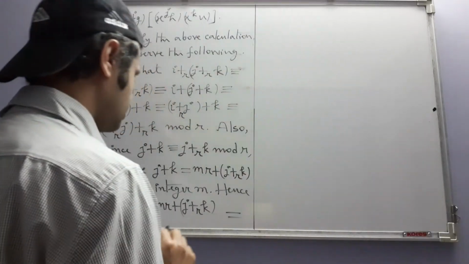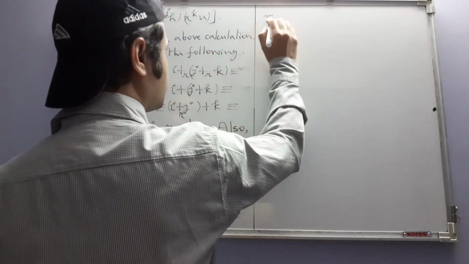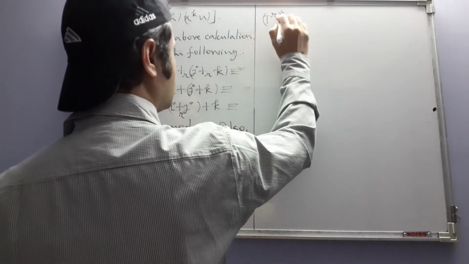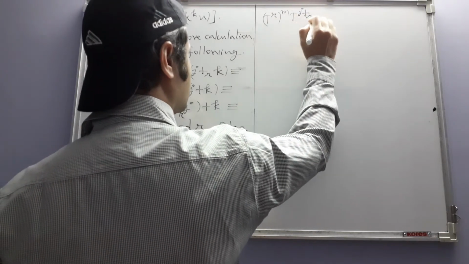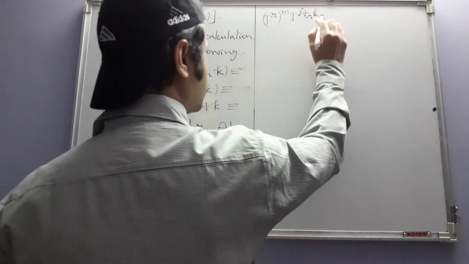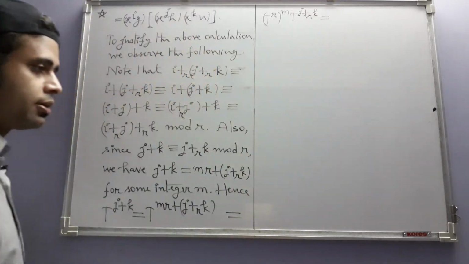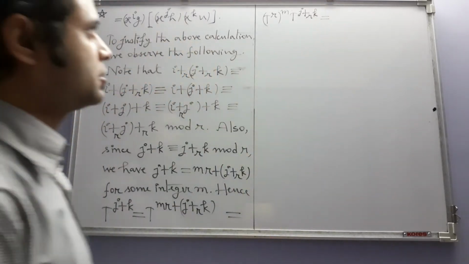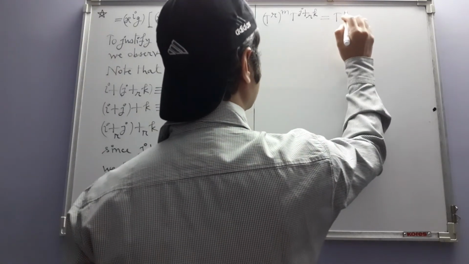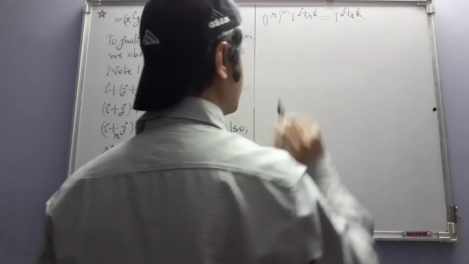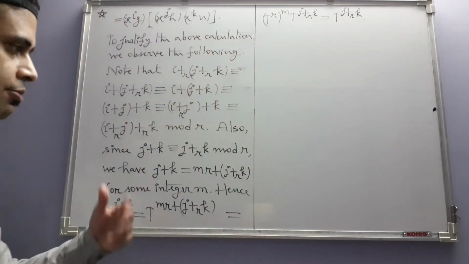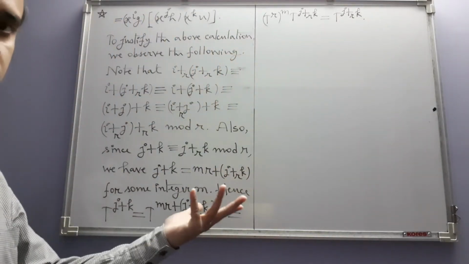To write this as t to the power r to the power m times t to the power j plus r k. Again, since r is the order of t, that part vanishes and we are left with this. So we have justified that previous calculation also.